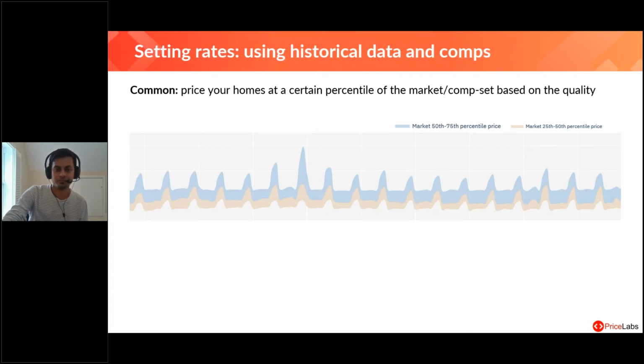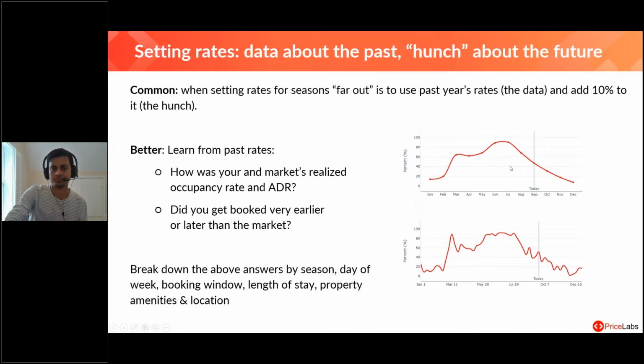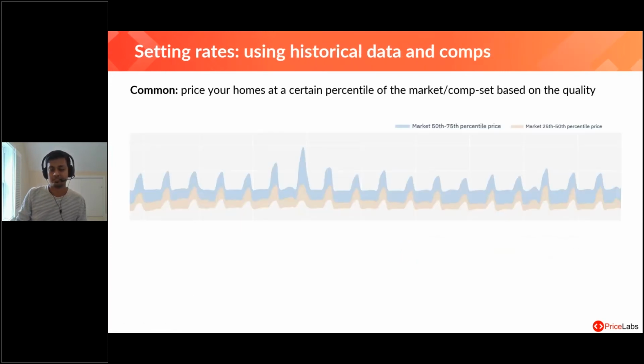So going back to this example, if you were close to 100% booked at a certain rate, you could potentially think about, maybe I can bump my rates up, because being 95% booked is great, but that also indicates that you can increase the rates a little bit and the market can still take it. But how much can you increase? Those kinds of questions get answered when you also look at the market data to say, okay, so I'm looking at, think of this as today on the left.